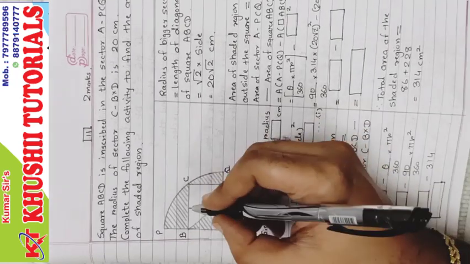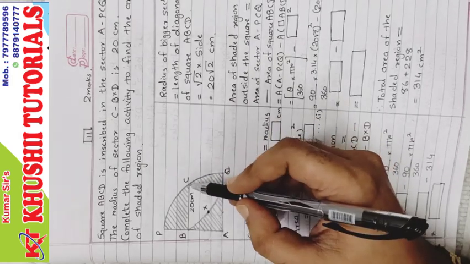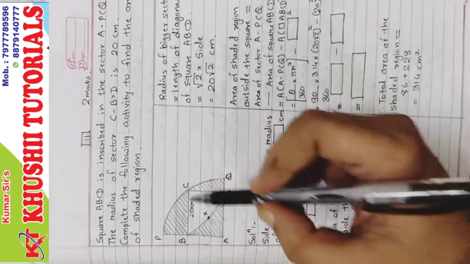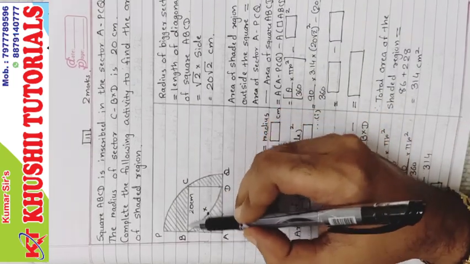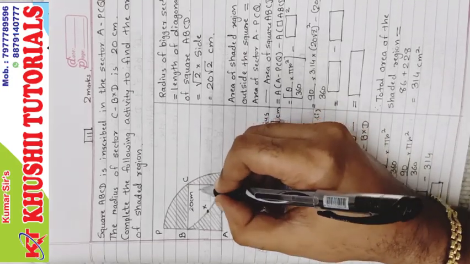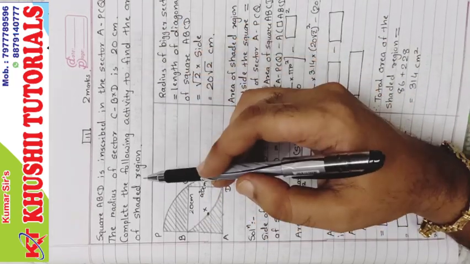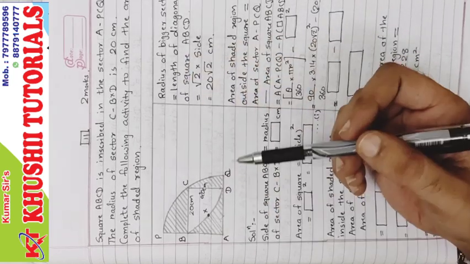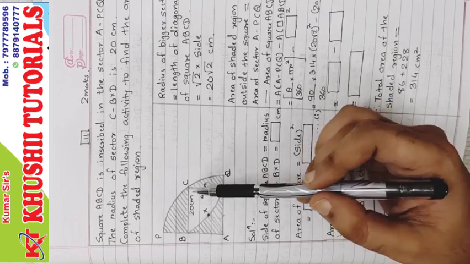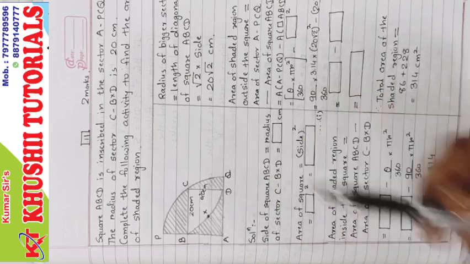Now the radius will be the side of the square here, because BC is the radius of sector C' BXD, and CD is also a radius. So both will be 20 centimeter, that is the side of the square. Complete the following activity and find the area of the shaded region. What is the area of the shaded region? Simple. Area of bigger sector minus area of smaller sector is the area of this shaded portion.